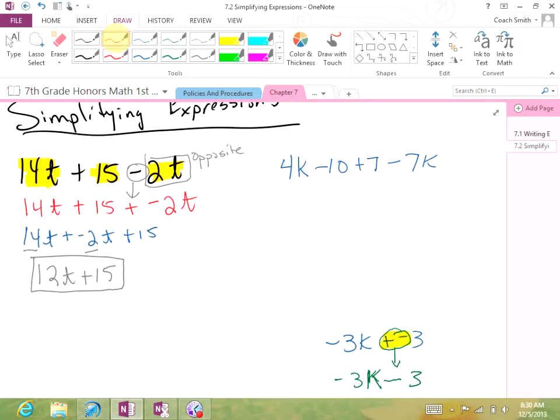The first thing is this, 4K plus negative 10 plus 7 plus negative 7K. No, it's minus. Yeah. All right, now, I'm going to rearrange it where my like terms are together.